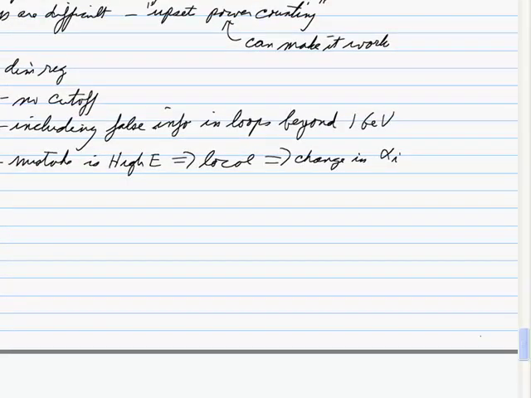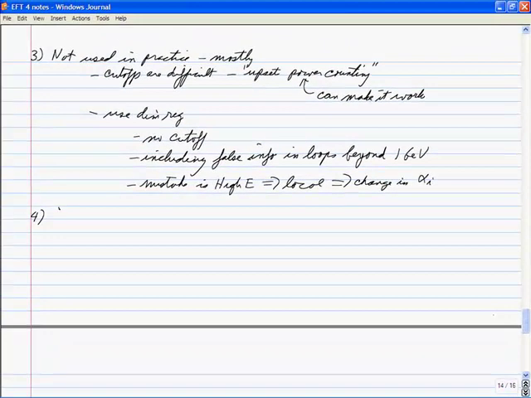Okay. And then the fourth thing I'd like to talk about, which I don't think I want to do today, is this idea of the operator product expansion. The same thought process goes into this.